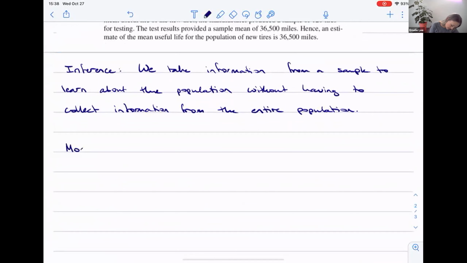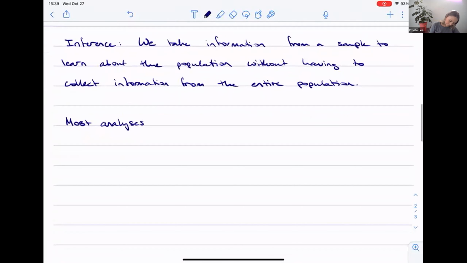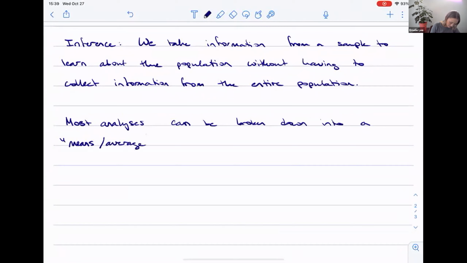Most analyses, unless you're doing really advanced stuff, can be broken down into a means or an average question, or a proportion question.